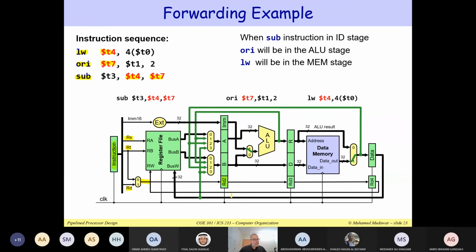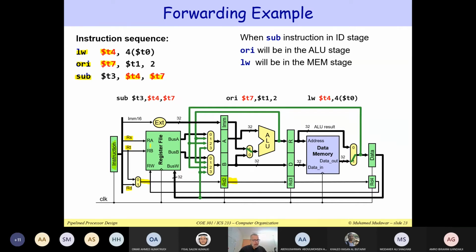If you look at the output of this register RD2, what's the value of RD2? It is just a 5-bit register, by the way, because it's storing a register number. So RS is 5 bits, RT is 5 bits. These are not really 32 bits. Bus A and bus B are 32 bits. But RS and RT, notice that I'm showing them with a small arrow here. These actually are 5 bits.